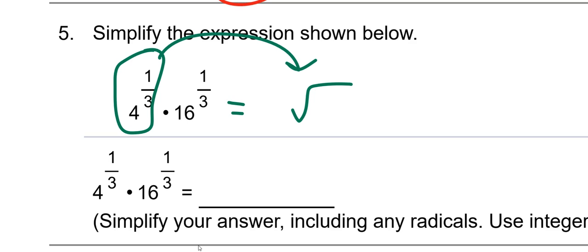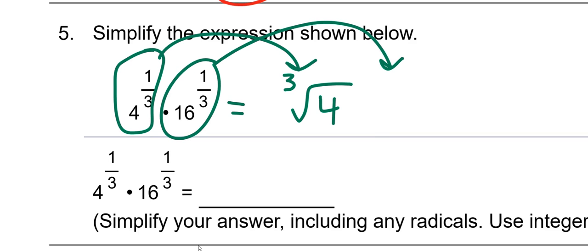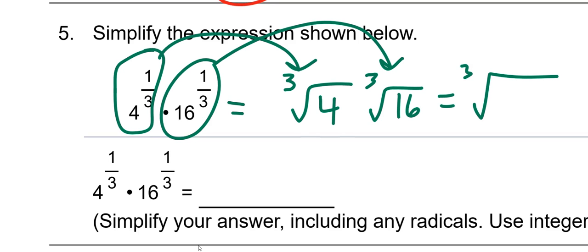You should have the cube root of 4 for that part. What about the next part? Cube root of 16. Which means we are dealing with the cube root of what single number?